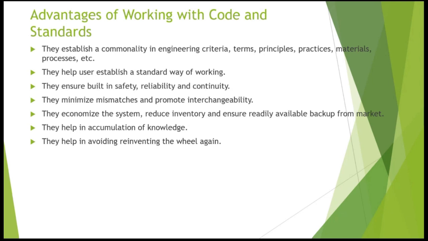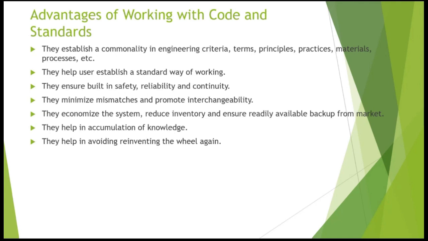There have been some serious accidents in the past, and unfortunately now also a few accidents are happening. So that is why safety is important, and these codes and standards have put some minimum requirements. If you follow those requirements, the safety of your system will be taken care of.